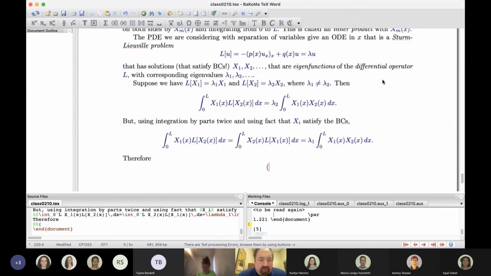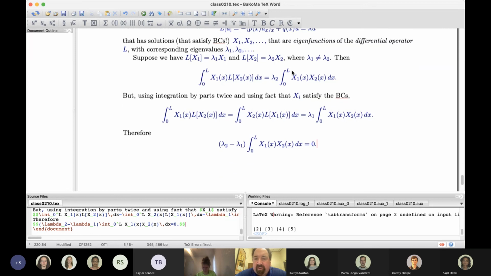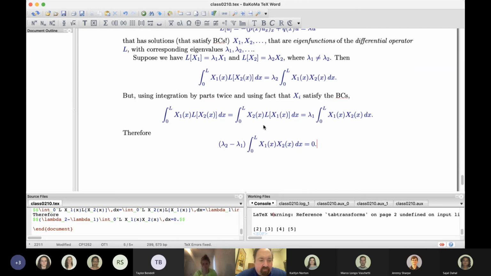I can move them all to one side and set equal to 0. That's all I did here. Well, this is non-zero because I've stipulated that lambda 1 and lambda 2 are not equal. Therefore, this integral must be 0.